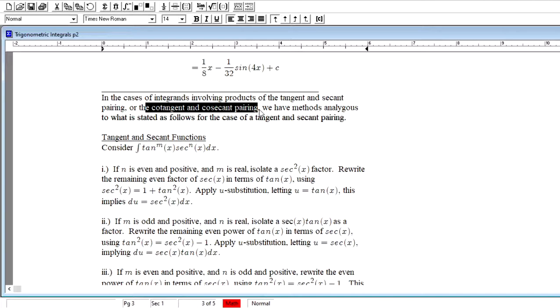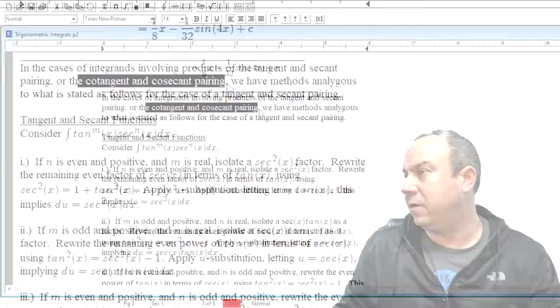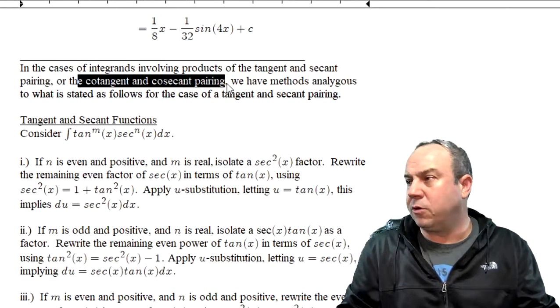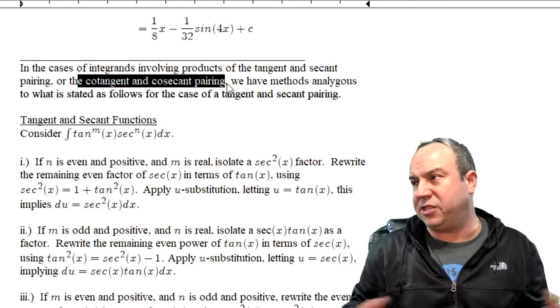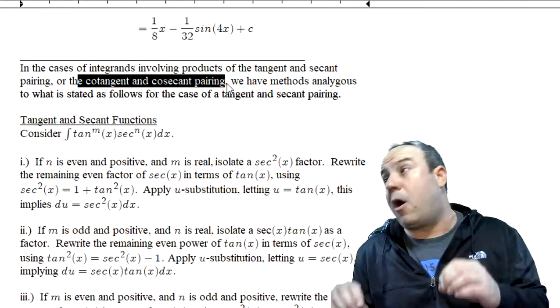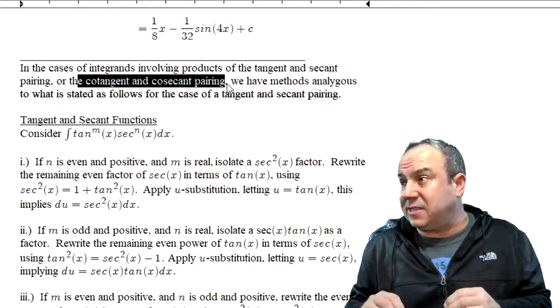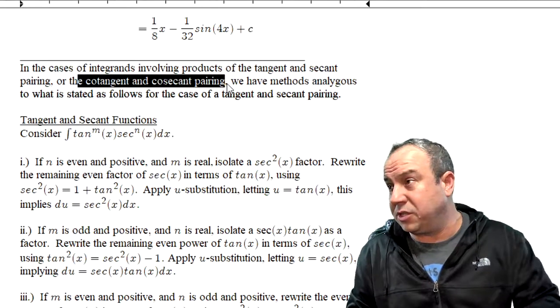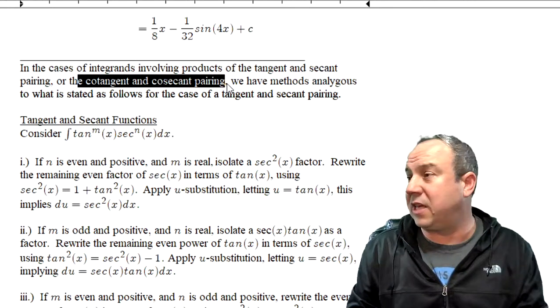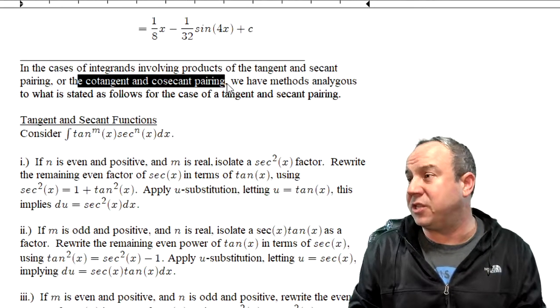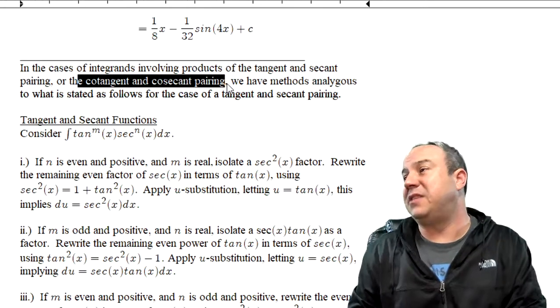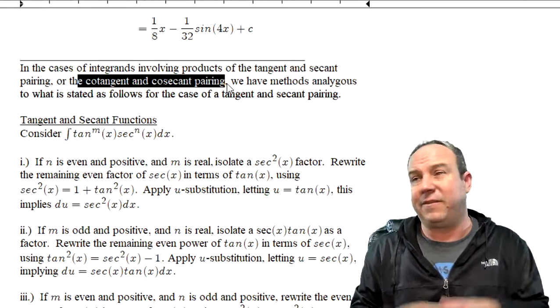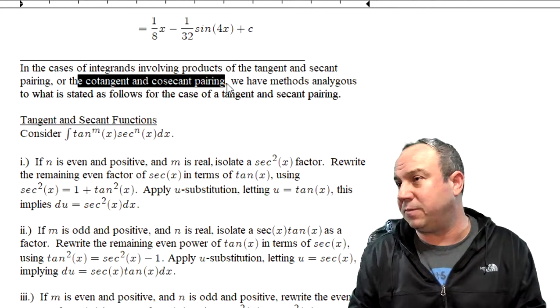The integral derivative relationships between tangent and secants that we're familiar with are analogous for the cases of cotangent and cosecant. And we see that also in the cases here for the integrals for a tangent to the mth power of x times the secant to the nth power of x. There is a very analogous situation.